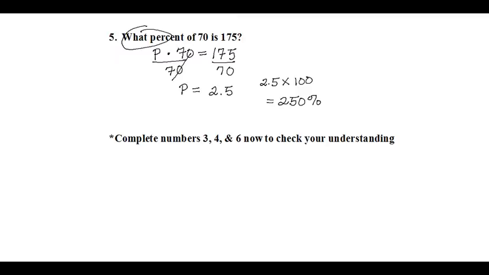I said what percent of 70 is 175? Another way of saying that is 175 is what percent of 70? Well, 175 is larger than 70, about 2.5 times larger. So it should make sense that our final answer is 250%, because 175 is larger than 70.